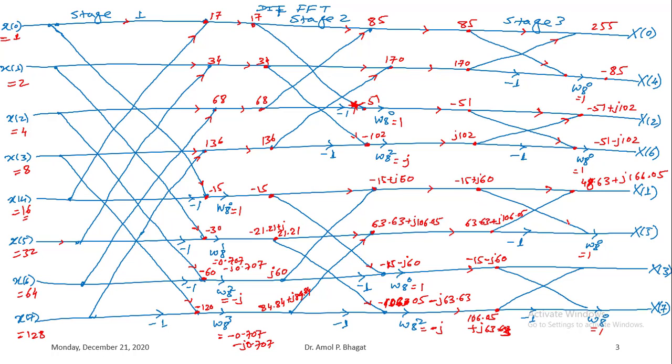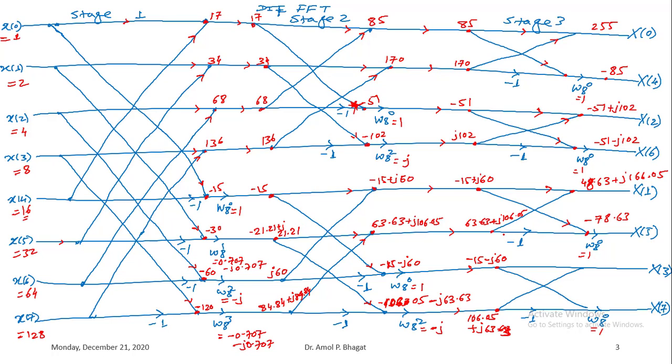So here again this minus 15 plus J60, then this minus sign will get multiplied with here, so minus 63.63 minus 15 will be, again that total addition result at this point will get multiplied with 1, so same result will remain as x of 5, right? So here it will be minus 78.63, right?